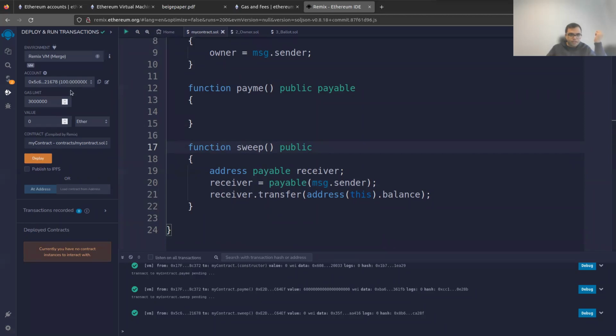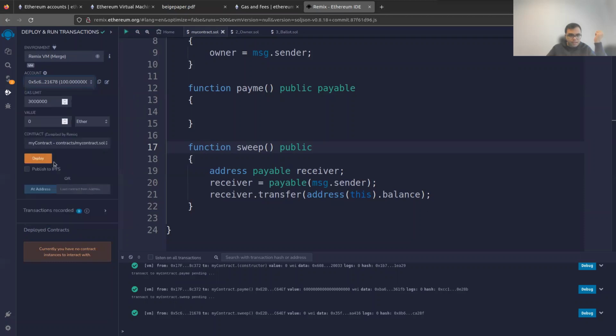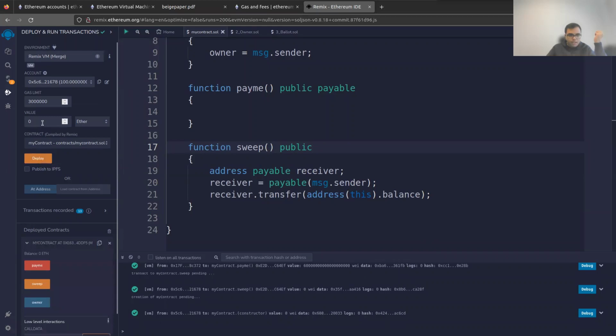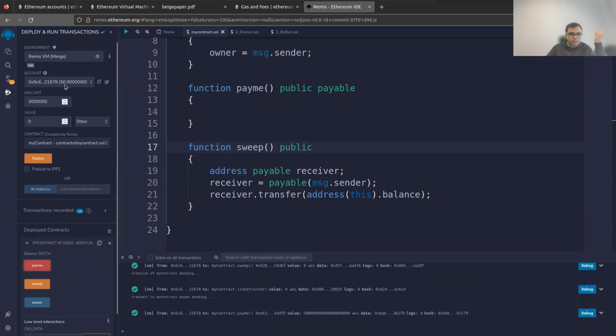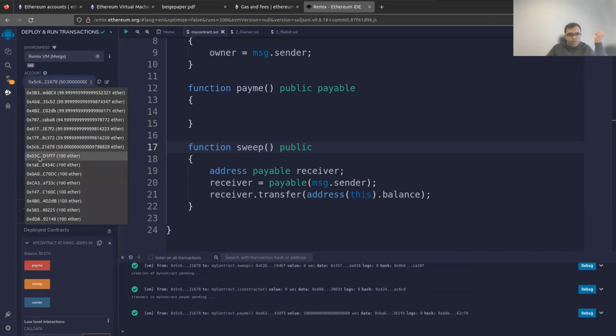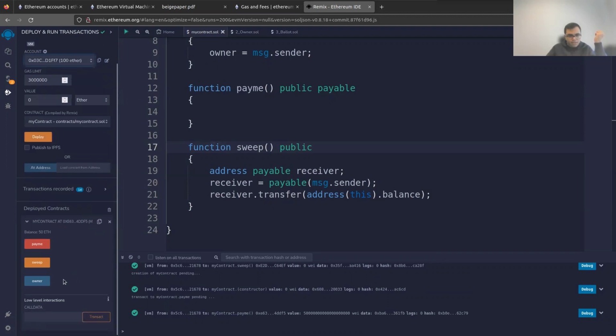Okay, let's do this again. Let's say again, I deploy this new version of my contract, and let's say I give it 50 Ether. So now it has 50 Ether, and now someone else comes. So let's say this account comes, and he calls sweep. And as you see, the balance of the contract becomes 0.